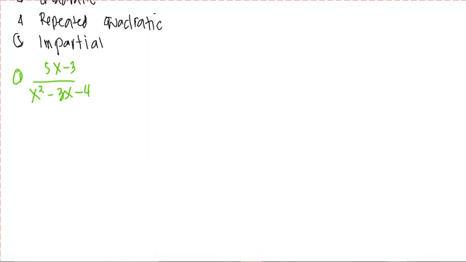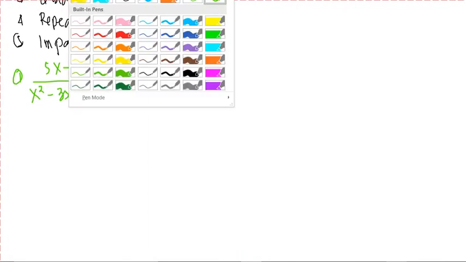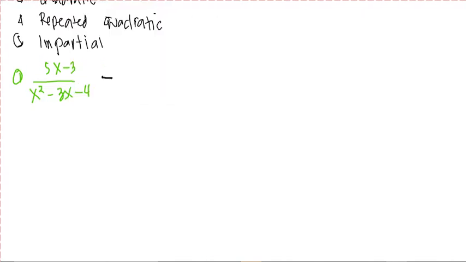So this is equal to, if we decompose it, we need to factor our denominator first. So we copy the numerator, 5x minus 3 all over, and the factors of our denominator will be x minus 4 and x plus 1.